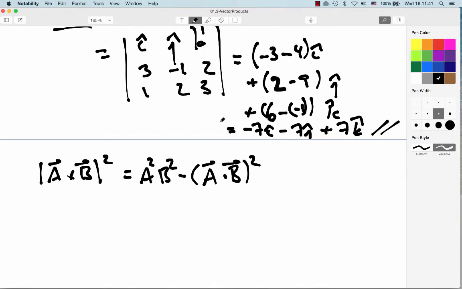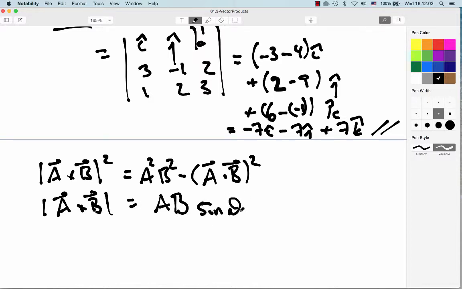So A dot B squared would be A squared B squared cosine squared theta. So we'll have a 1 minus cosine squared, which gives us a sine squared. So that allows us to conclude that the magnitude of A cross B would be equal to the magnitude of A times the magnitude of B times the sine of the angle theta between the vectors.